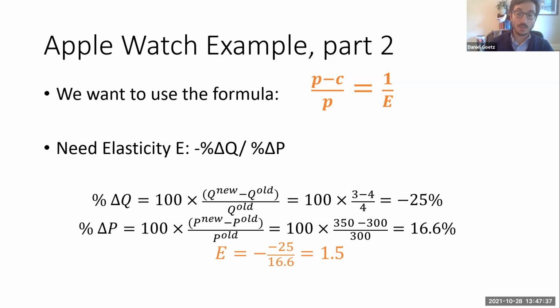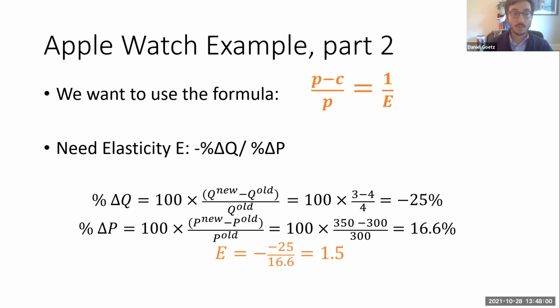E of 1.5 says 1.5% increase in price leads to a 1.5% drop in quantity. If E was 3, then a 1% increase in price leads to a 3% drop in quantity, right? So more sensitive. Raising the price leads to a bigger drop in sales for a bigger elasticity.